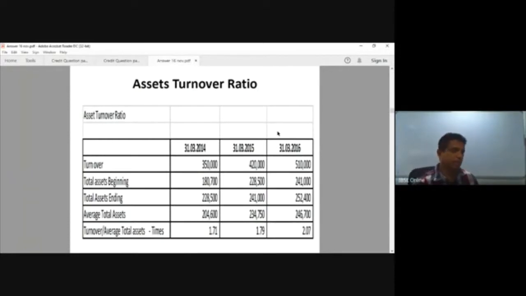That is the interpretation. Higher the number of times, better it is. There is an increasing trend here.